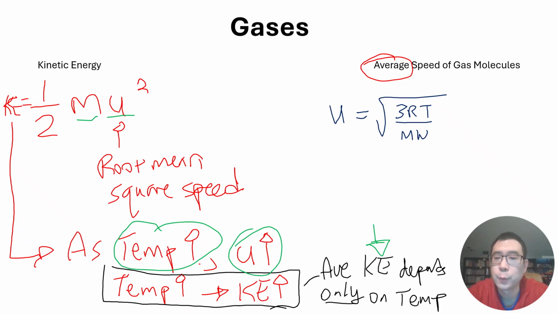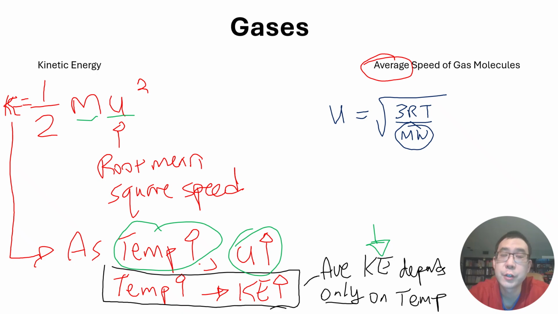And so what does that mean? That means gases with high molecular weight, let's say SF6, that has 1 sulfur, 6 fluorines, it's very big. It has a high molecular weight. Because the molecular weight is in the denominator, that means it will have a very low speed.